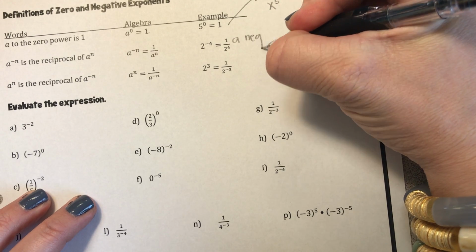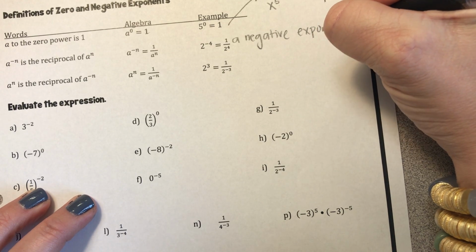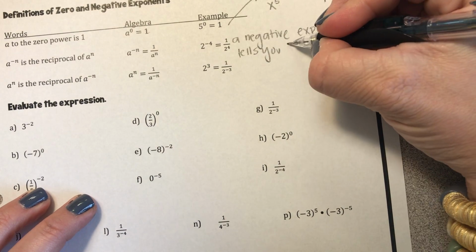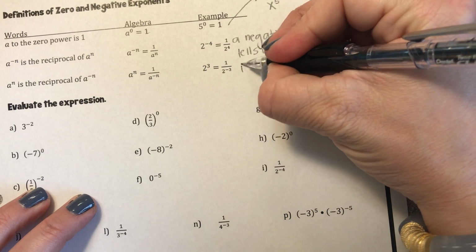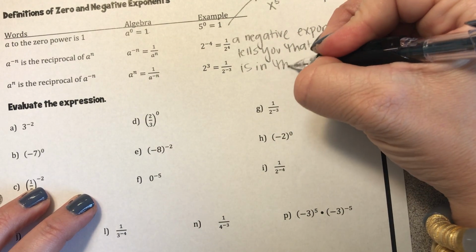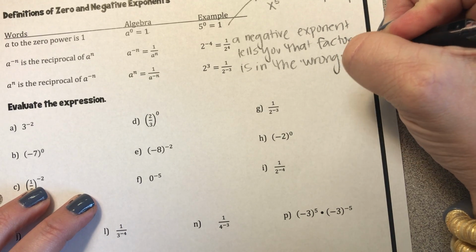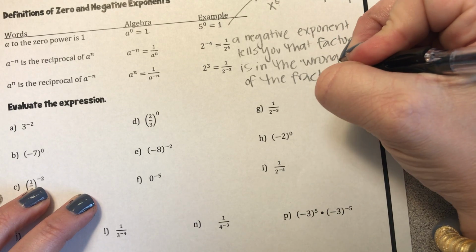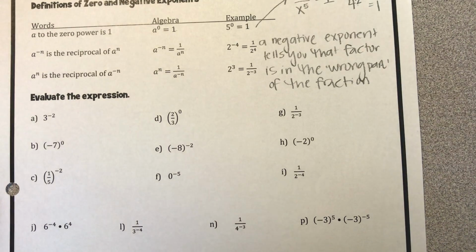A negative exponent tells you that that factor is in the, I'm going to call it wrong, part of the fraction. So a negative exponent is telling you that that factor is in the wrong part of a fraction.